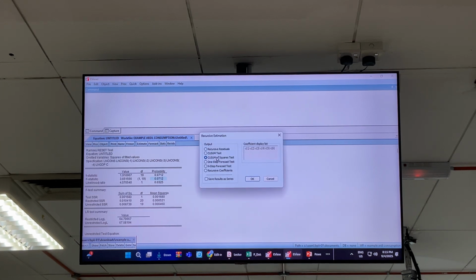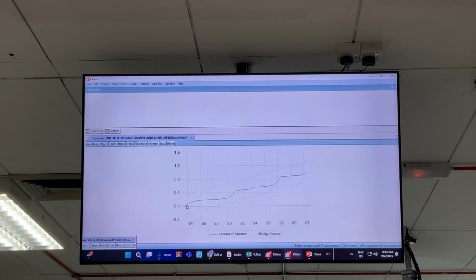Perhaps I try the CUSUM of squares to test for the stability. Click OK. Oh, so nice. We see the critical value. The two red lines here refer to the critical value. So the test is within the critical value. So the model is stable. My error correction model is stable.